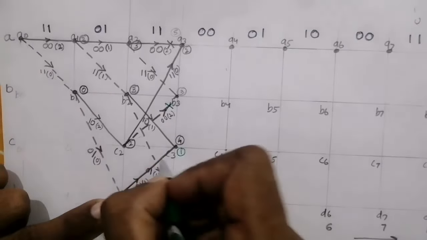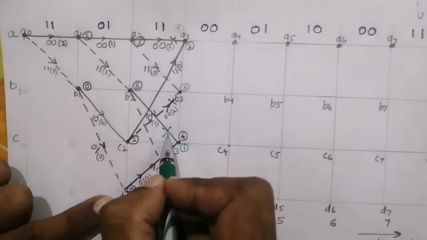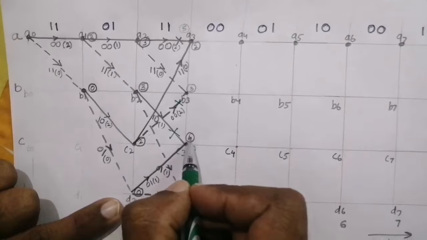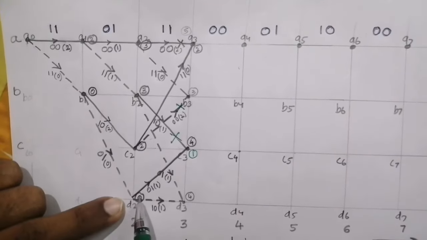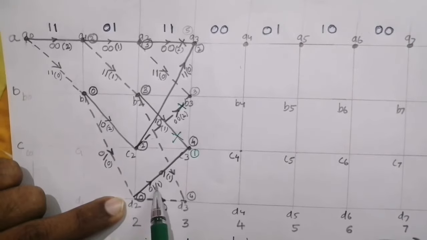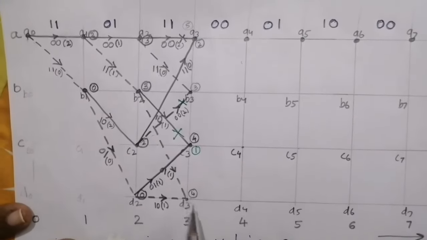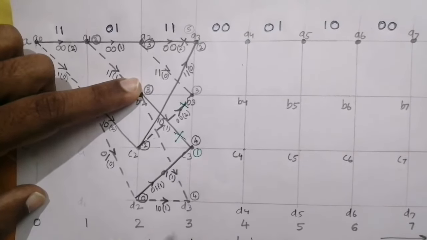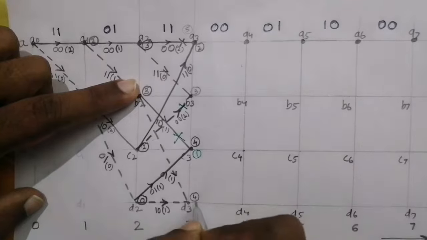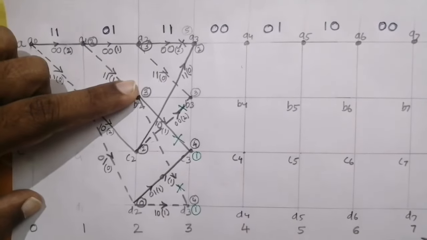We remove the path with metric 4, because the other path has only node metric 1. At D3 we again have two paths, 3 plus 1 and 0 plus 1, so we remove this path.